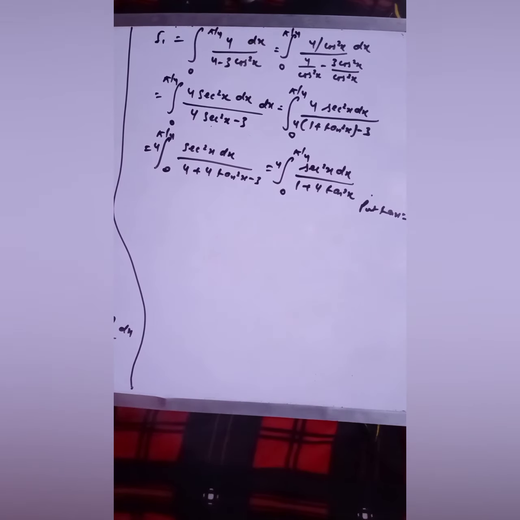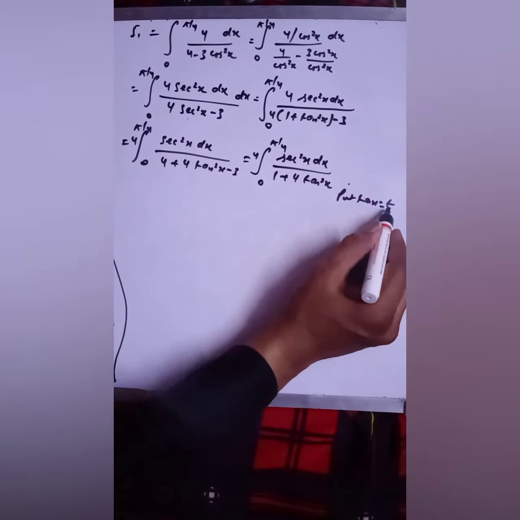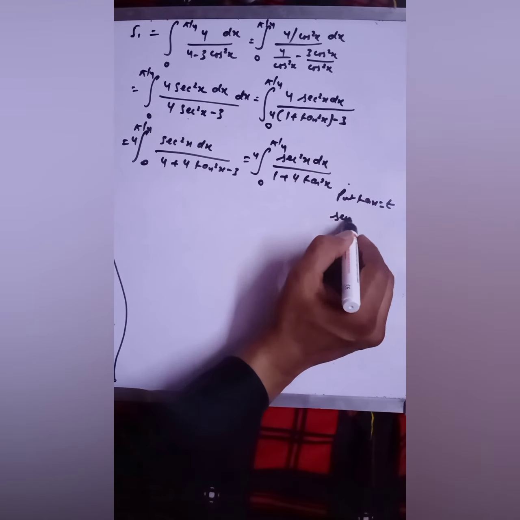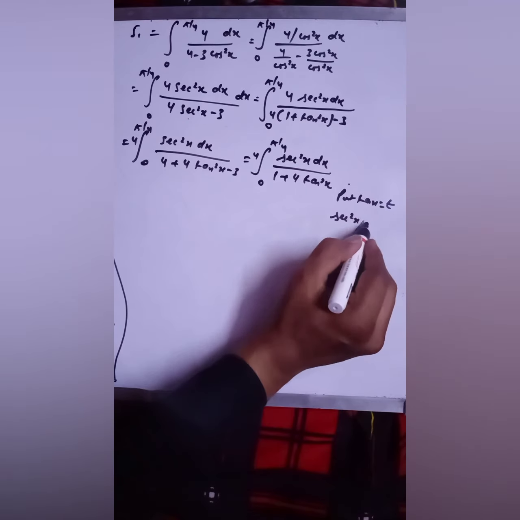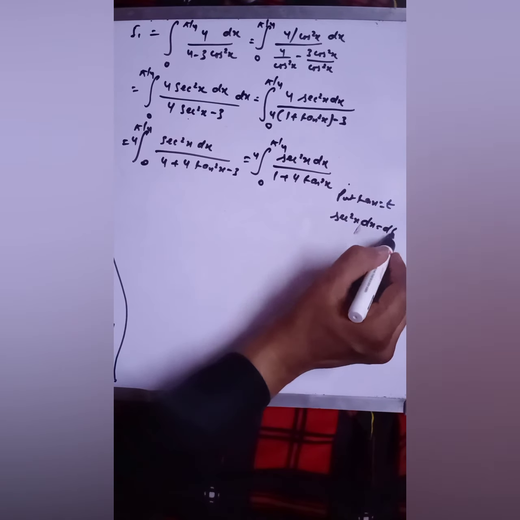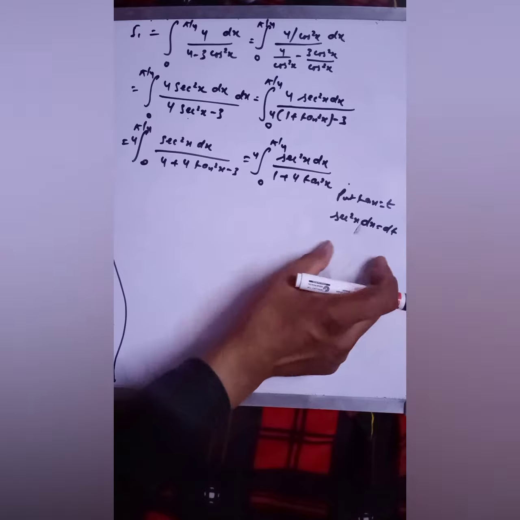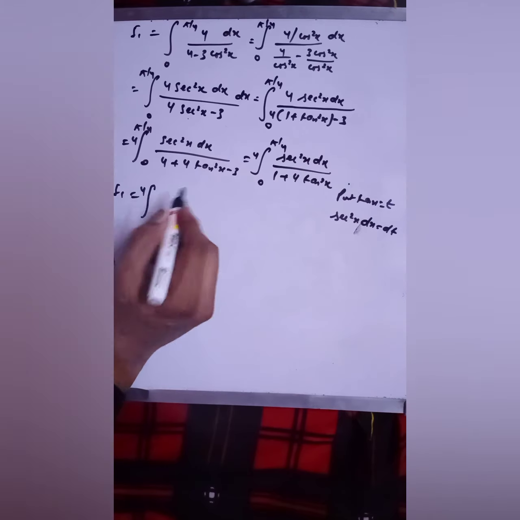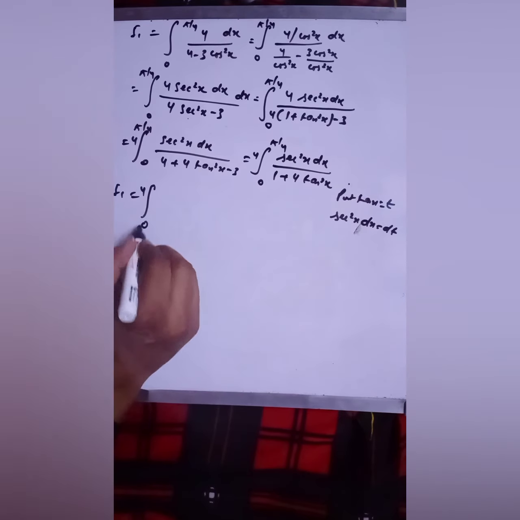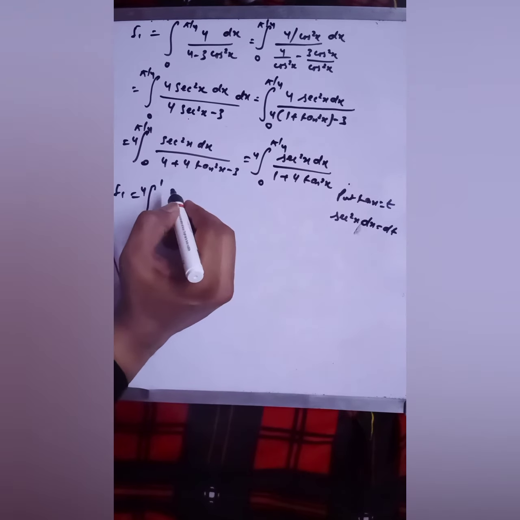I think it is not visible, just wait. Now you can see. Okay, your tan x is equals to t, so differentiating both sides, so you will get sec square x dx, that is equals to dt. So put here, so your I1 would be, change limit also, this 0 you will put, so you will get 0, pi by 4 when you will put, you will get 1.